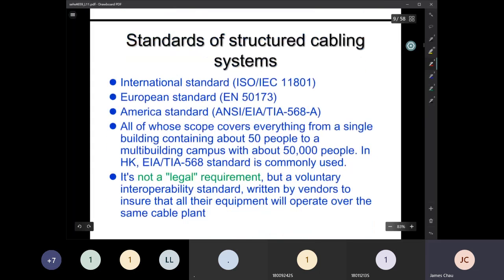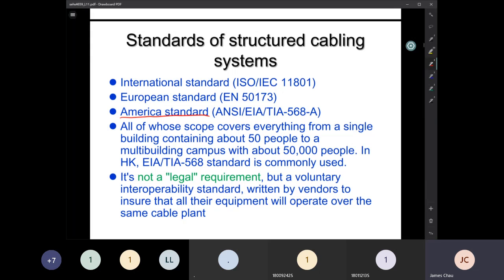Now here we talk about the standards we can follow. So far we have three standards: the international standard ISO 11801, the European standard EN 50173, and the American standard ANSI 568A.